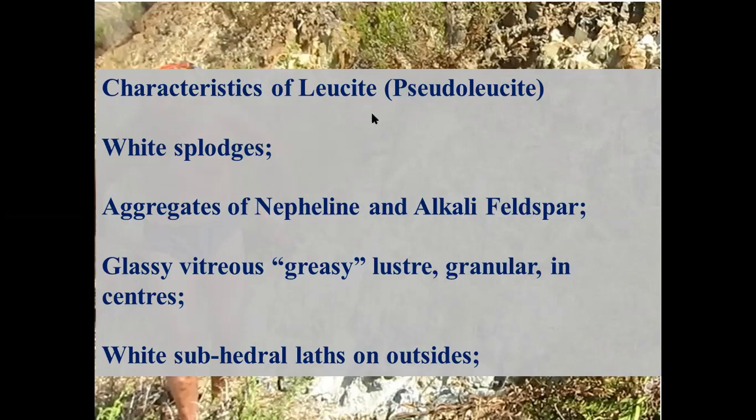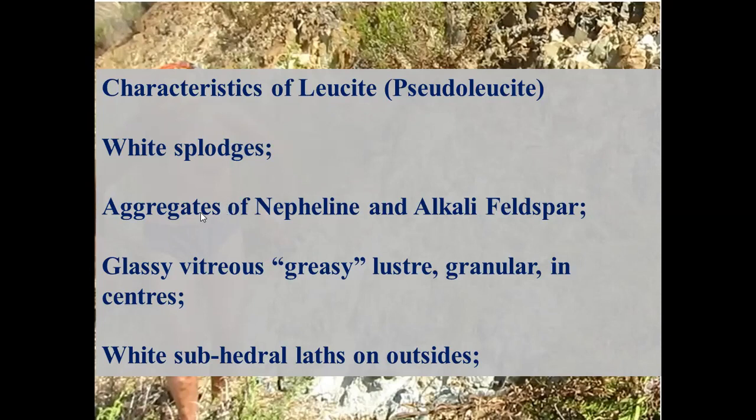And so instead of having leucite, you often end up with pseudomorphs after leucite. Leucite is an octahedral crystal, and so the pseudomorphs will take on somewhat of this octahedral shape. That's what the white splodges are, the remains of where the octahedra were. That's called pseudoleucite because it was leucite.